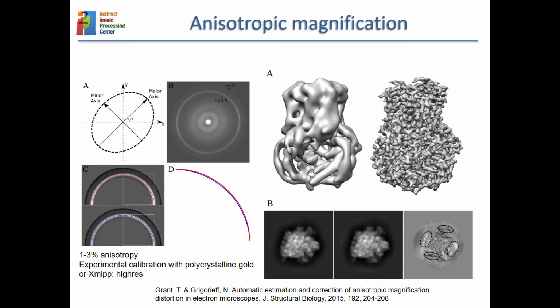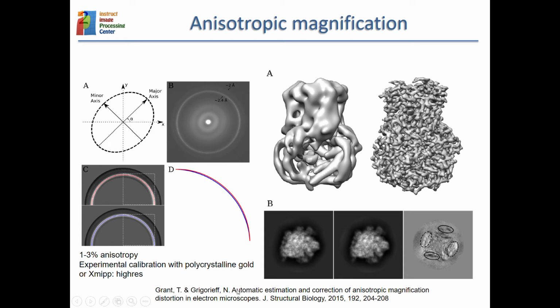That is translated into slightly different pixel sizes in each one of the directions. And there was a study trying to measure those anisotropies, and they reported 1 to 3% differences in the pixel size.